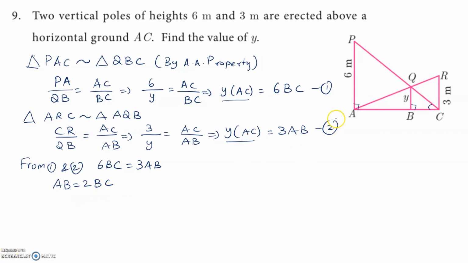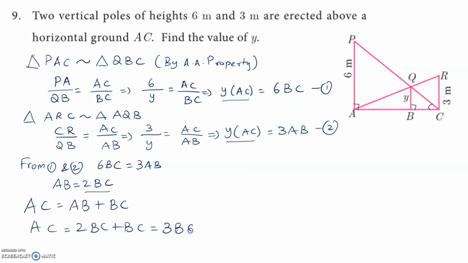Now from the picture you can see that AC is equal to AB plus BC. So substituting the value of AB here, you have AC is equal to 2BC plus BC, and that will be 3BC.